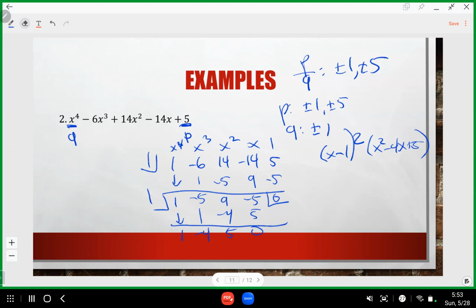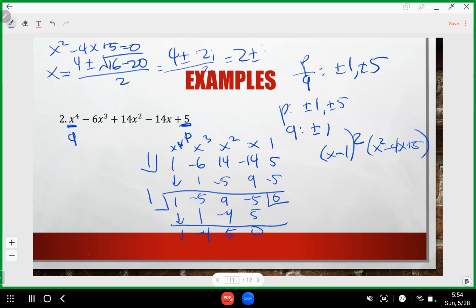So how would we actually factor this? We'd have to use imaginary numbers, and we set it to 0. So when we set this thing to 0, we get x is equal to the quadratic formula for this, which is 4 plus or minus the square root of 16 minus 20 over 2, which is 4 plus or minus 2i over 2, which is 2 plus or minus i.